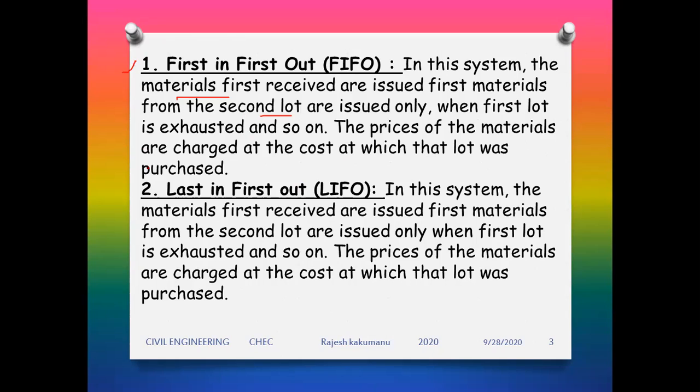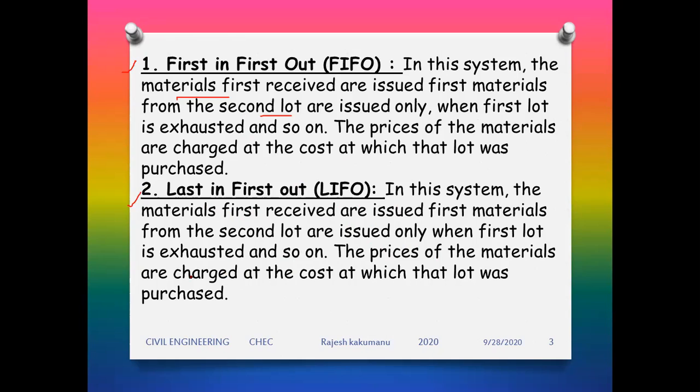The second one is last in first out. In this system the materials received first are issued first, and materials from the second lot are issued only when the first lot is exhausted, and so on.